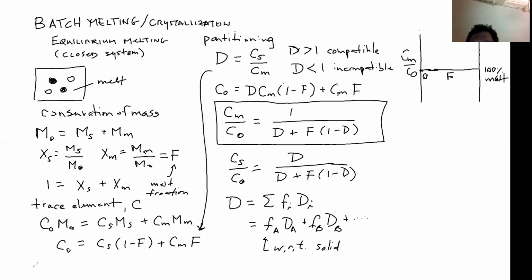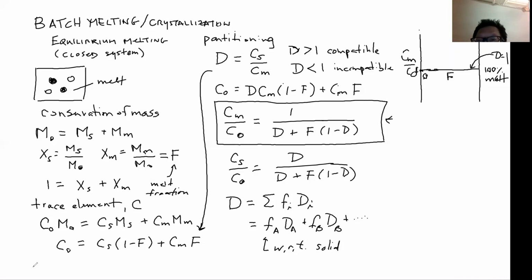If D equals 1 in this equation right here, then Cm and C0 cannot change. And that should not be a surprise to you, because if it's 1, then nothing should change. So this line, I'll call this 1, is D equals 1.